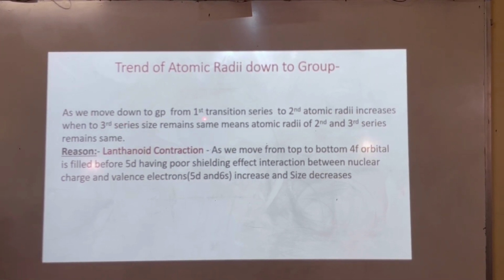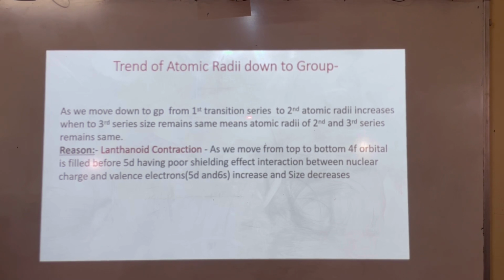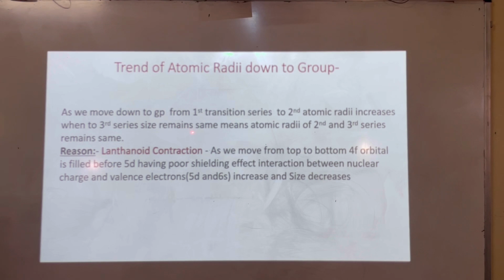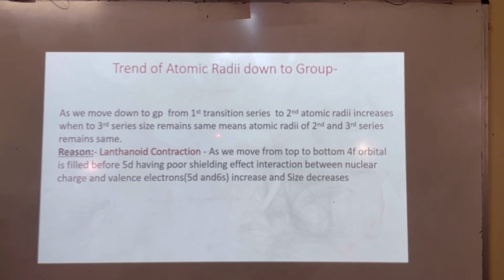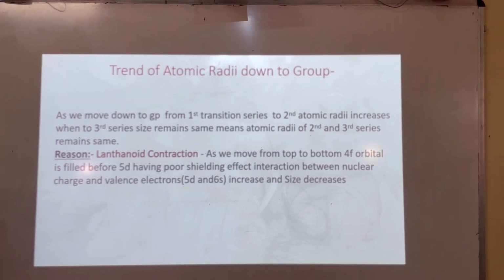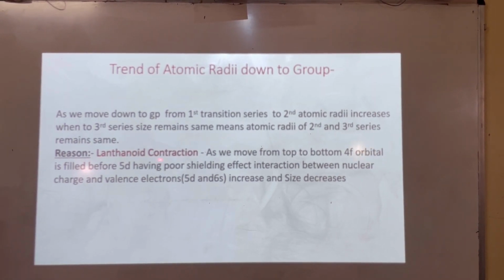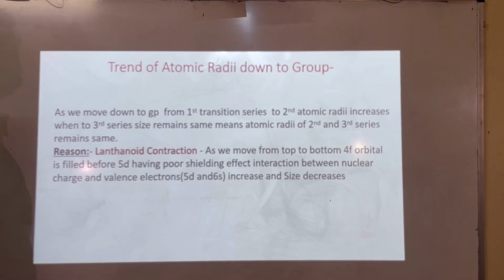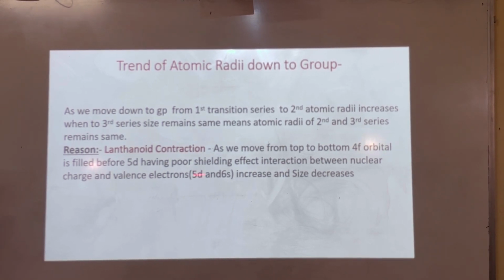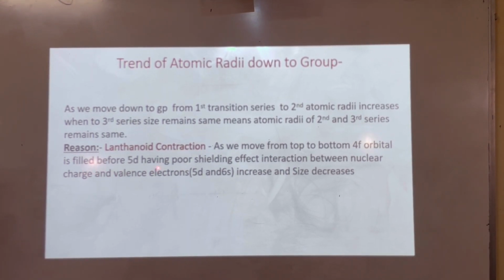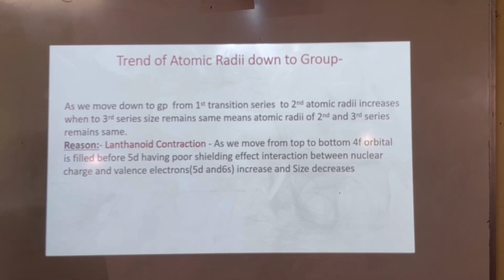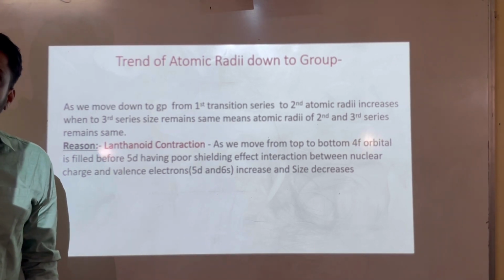As we move down the group from the first transition series to the second, atomic radii increases, but in the third series the size remains the same, meaning the atomic radii of the second and third series remain the same. The reason behind that is lanthanoid contraction. It is a very important question, it comes in the paper. So as we move from top to bottom, the 4f orbital is filled before 5d, having poor shielding effect. So the interaction between the nuclear charge and valence electrons increases and the size decreases.